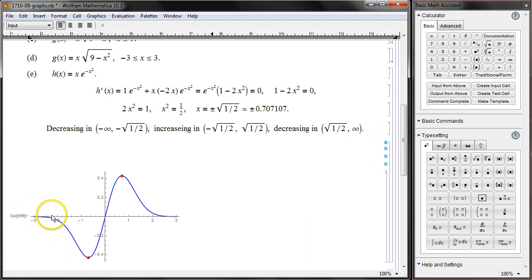Looks like concave down up to somewhere around here, concave up to 0, concave down up to about 1 point something, and concave up again. But in order to find all those points, we have to take the second derivative, set it equal to 0 and solve that algebraic equation. Looks too complicated. Even critical points, those are hard enough, so let's stop here. And the other problems are kind of like these.